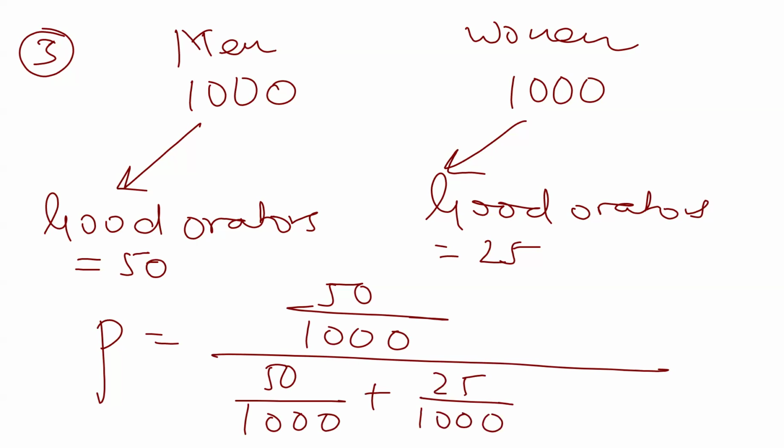Okay. Question number 4. Question number 4, I think, yes, we'll discuss that. Suppose that 5% men and 0.25% of women have gray hair. Okay. A gray haired person is selected at random. What is the probability that the person is a male?